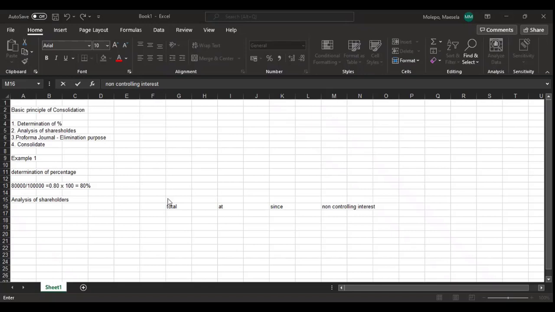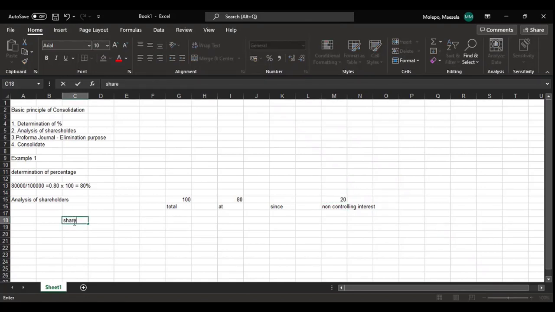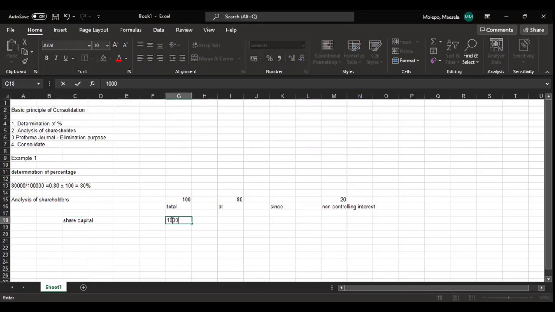Here it is at 100, here it will be at 80, and here it will be at 20. The total share capital for the subsidiary is 100,000. Then when we do the percentage at acquisition, it will be 80,000, and the non-controlling interest will be 20,000.